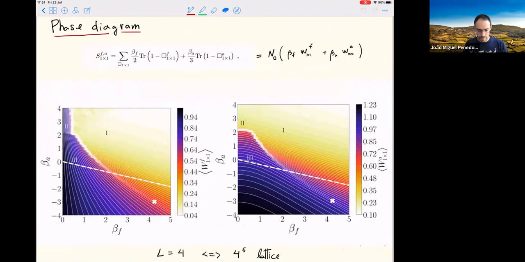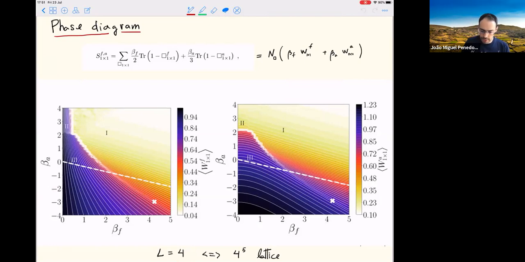So the first thing we did was a very rough picture of the phase diagram with a small lattice, L equals 4, so 4 to the 5th lattice sites. And here I show you the color coding.